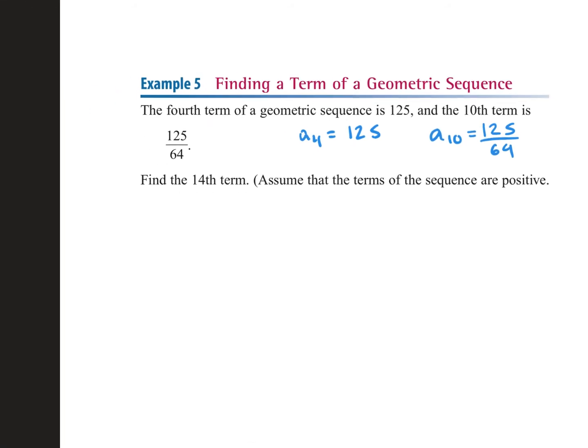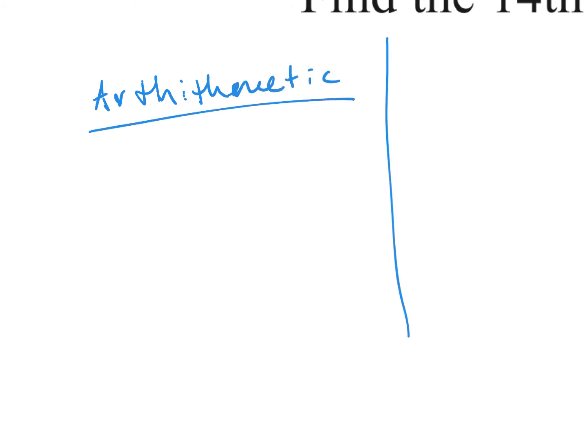We did a problem like this with our arithmetic sequences. When we had our arithmetic sequence, it gave us like a sub 4 was 16, a sub 20 was 100. This we did on Monday.